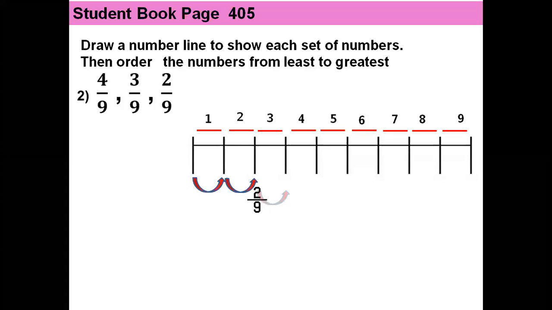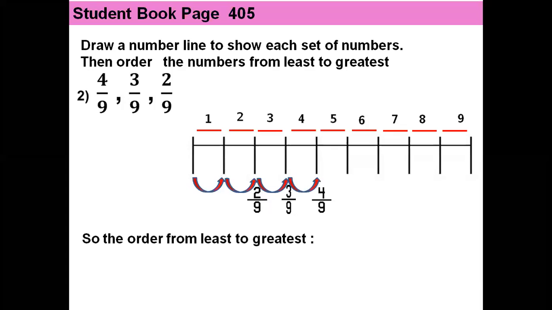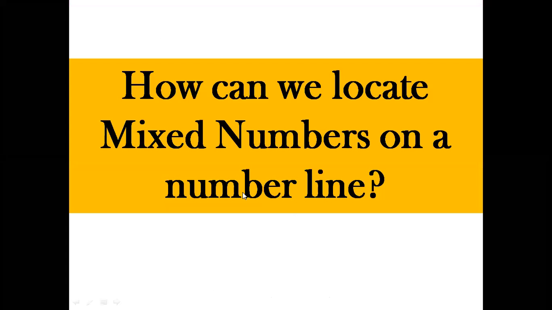Now 3 out of 9 will be the next one here, and 4 out of 9 will be here. So this is the correct ordering. Thank you very much, Aus. So the order from least to greatest is 2 out of 9, 3 out of 9, 4 out of 9. So this is how we put the fractions on a number line.